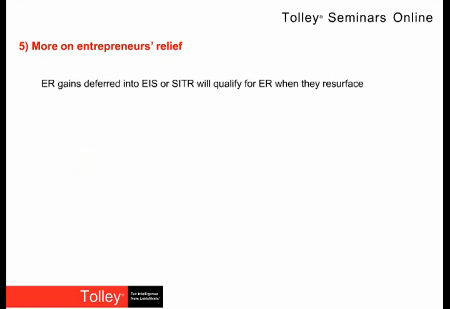So when those gains resurface on the sale of the EIS shares or the SITR investments, then they will still attract entrepreneurs relief, so that will be effectively preserved. So that applies to reinvested gains from the date of the autumn statement, that is the 3rd of December 2014.